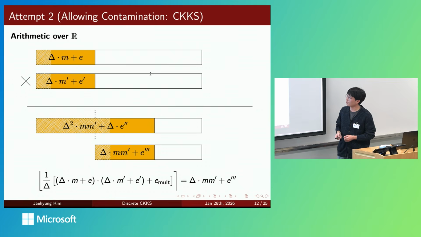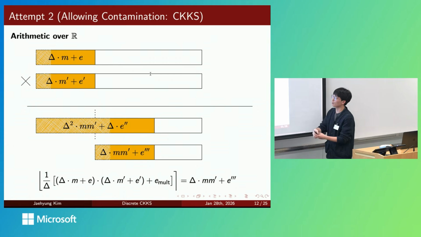Okay, and the next generation, called CKKS, takes another approach, which is to just live with the error. So what it means is that this scheme is a scheme over real numbers. So the arithmetic is now over reals, but we will put our message together with the error.